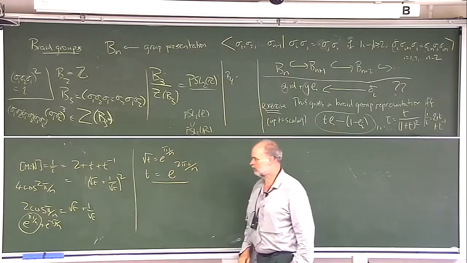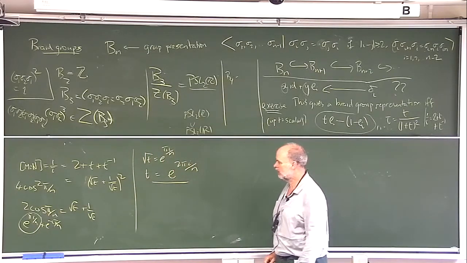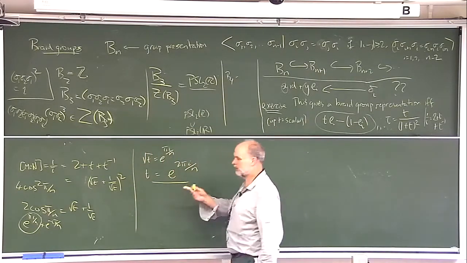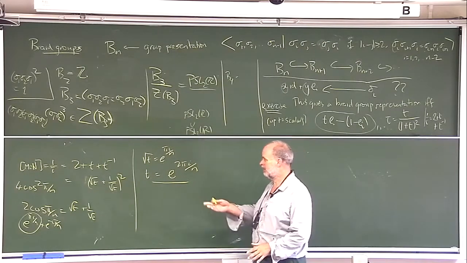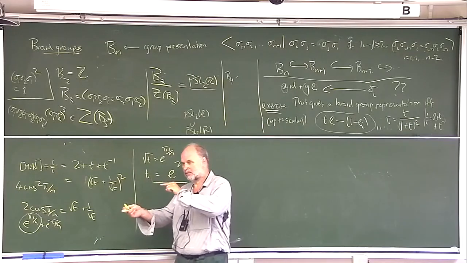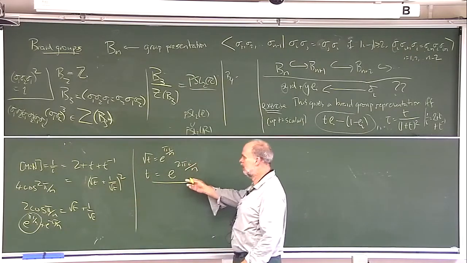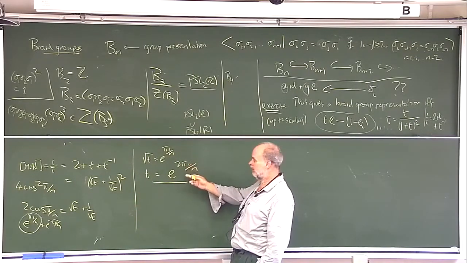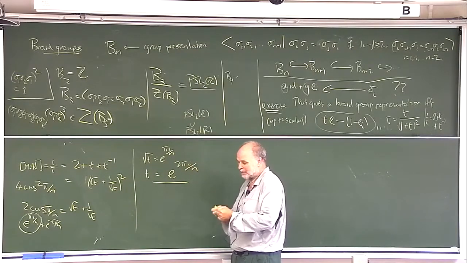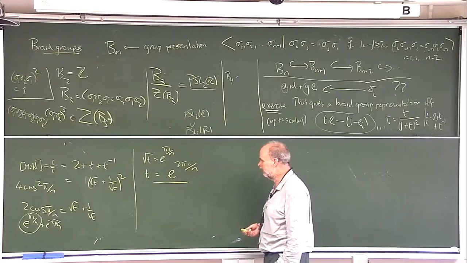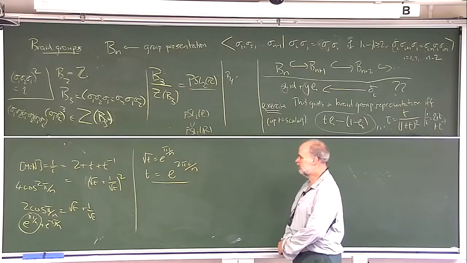Okay, so this shows you why this is such a good choice of values. For subfactors of index 4 cos squared pi over n, we've converted 4 cos squared pi over n into a root of unity, not just any root of unity, not just the primitive one, but the closest one to 1. T equals e to the 2 pi i over n.